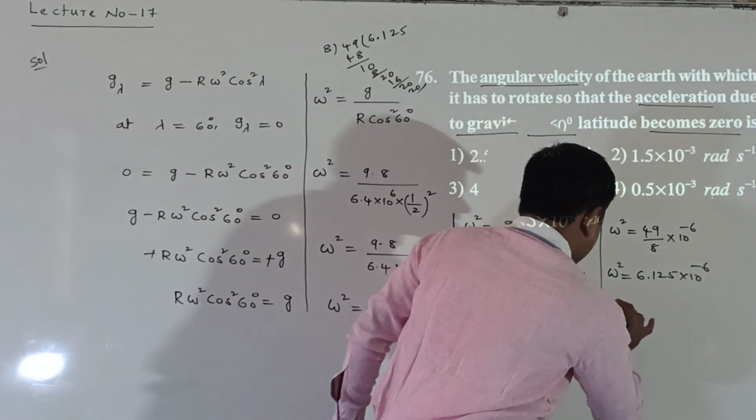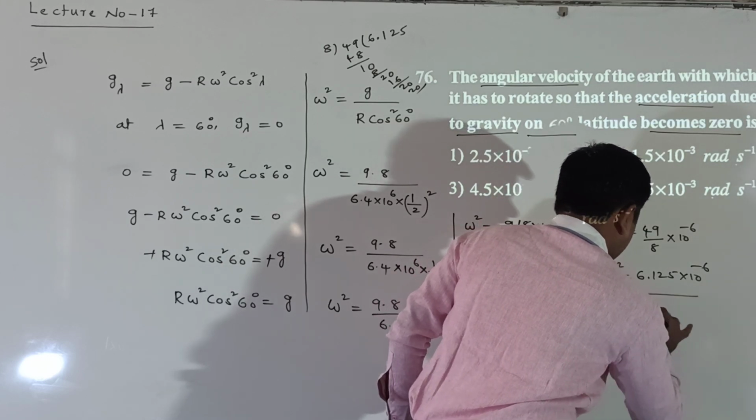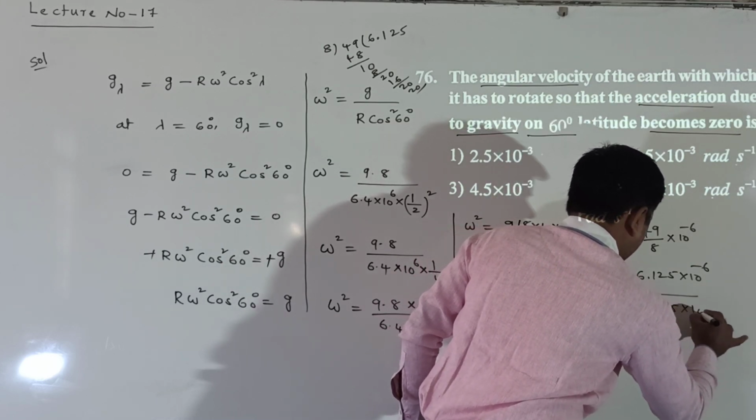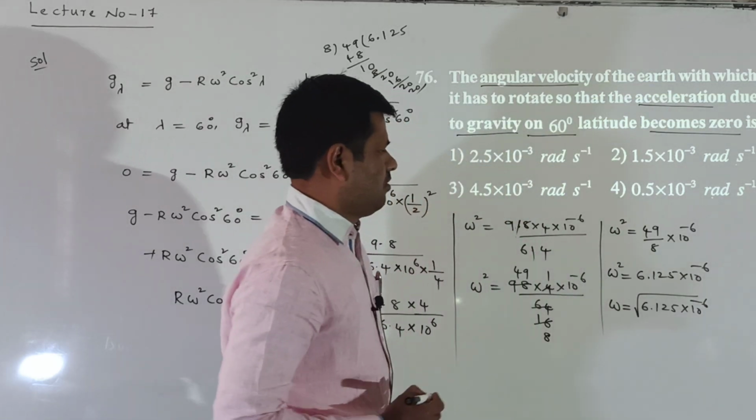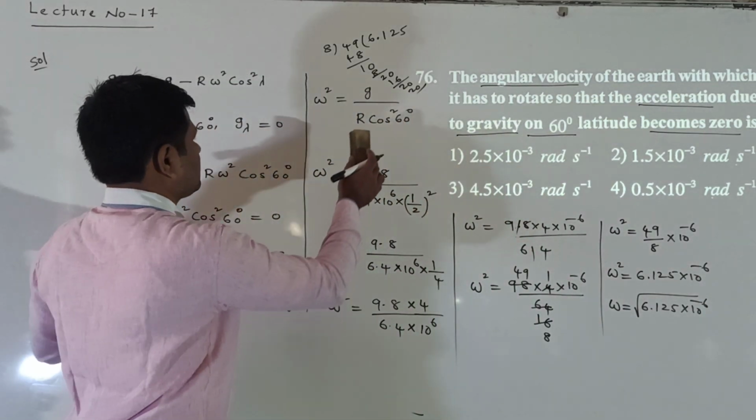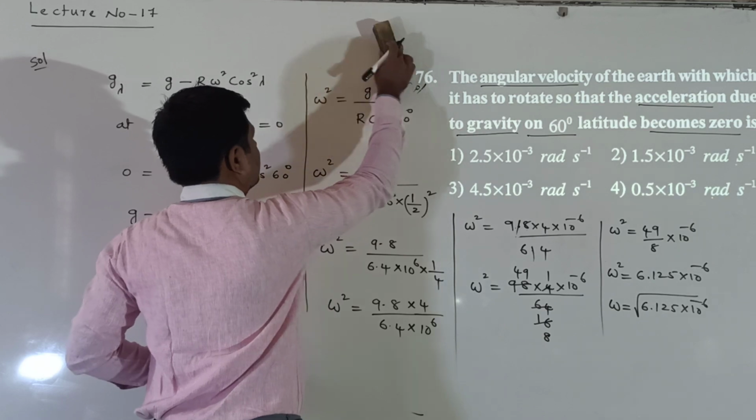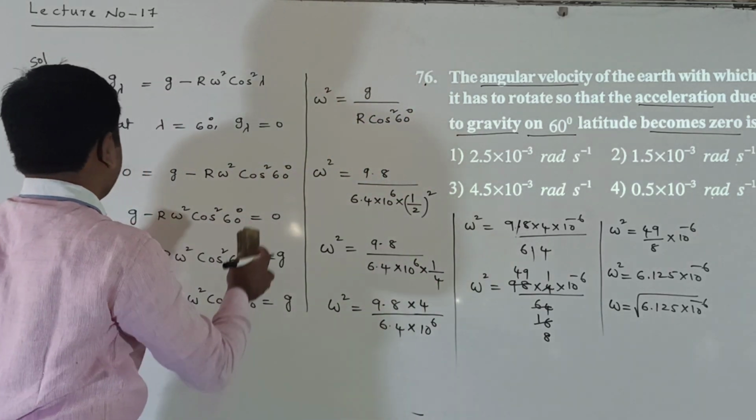Now omega is equal to under root of 6.125 into 10 power of minus 6.